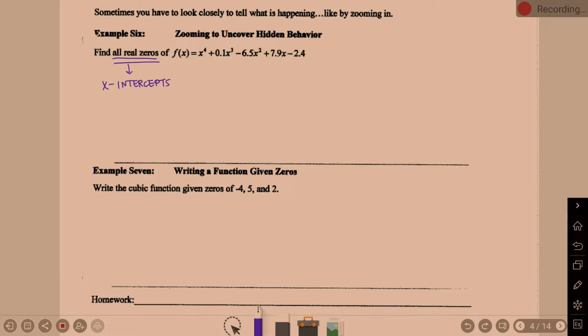Now, you'll notice it says zooming to uncover hidden behavior. This is one of those situations where we have to do a little bit of work to get it figured out. So, find a calculator for myself, get it typed in.